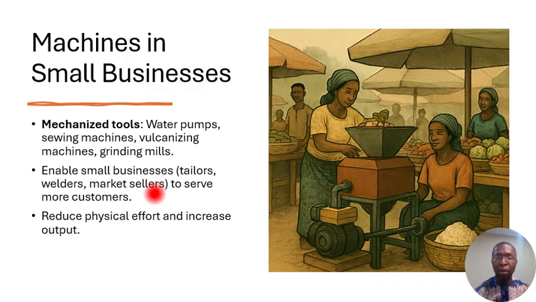At the end of it all, these machines help to reduce physical effort. Instead of applying physical effort, the machine will do it for you. It will reduce it for you, and it will eventually increase the output. What you would make within 2 hours, within 20 minutes using a machine, you will achieve the same purpose.